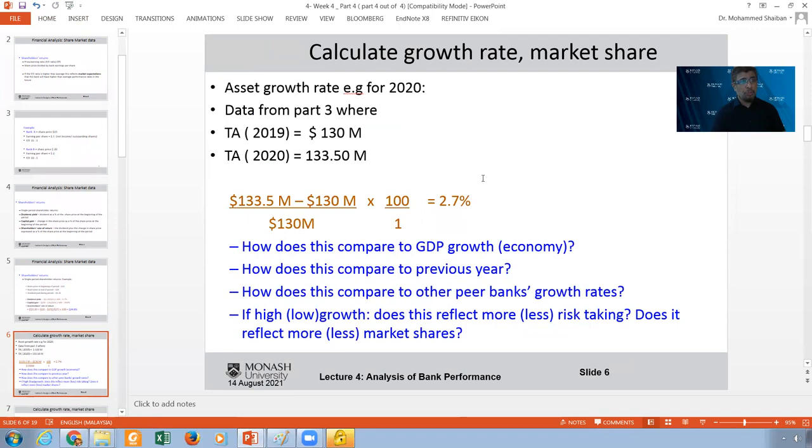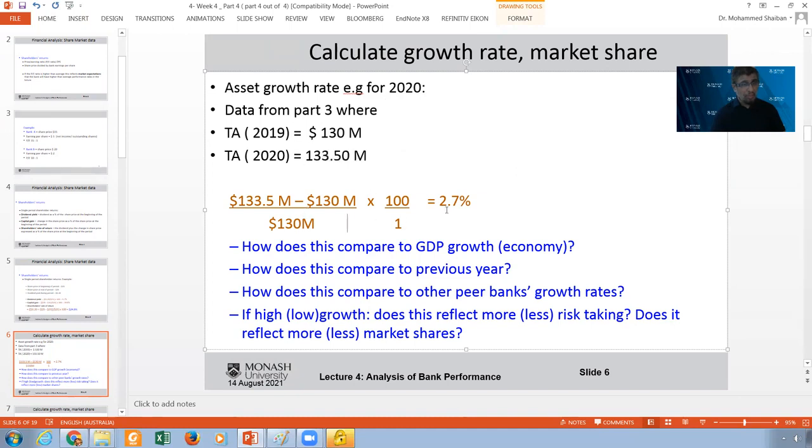Let me move to some other issue, which is the growth. Now, these data, I take it from the data in part 3, when the total assets for the bank in 2019 was 130 and grew to 1335. This is the total assets.